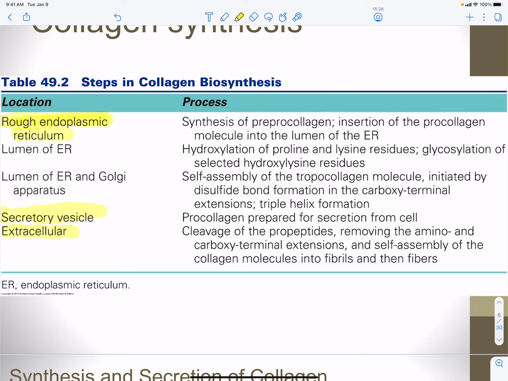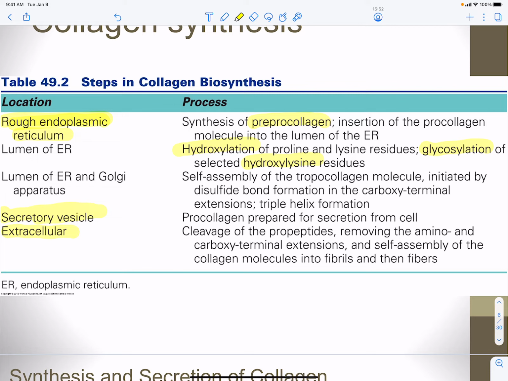And so you have in the rough ER the synthesis of your pre-pro collagen, and this will then go through hydroxylation of the proline as well as lysine residues.